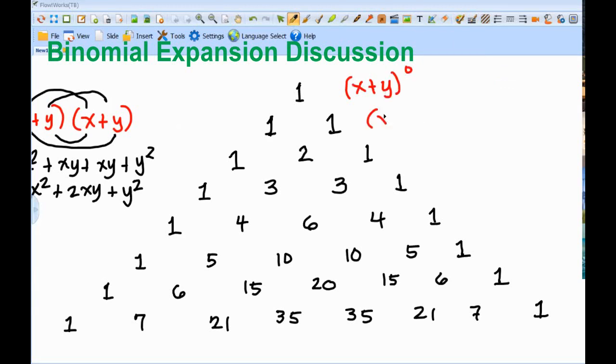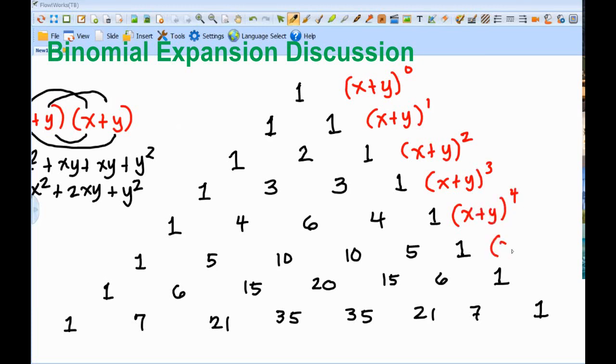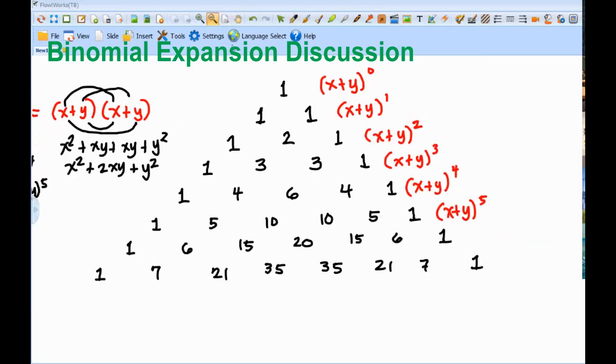This is x plus y raised to 1, x plus y raised to 2, x plus y raised to 3, x plus y raised to 4, x plus y raised to 5, x plus y raised to 6, x plus y raised to 7, and so on, x plus y raised to n. Okay, the nth term.